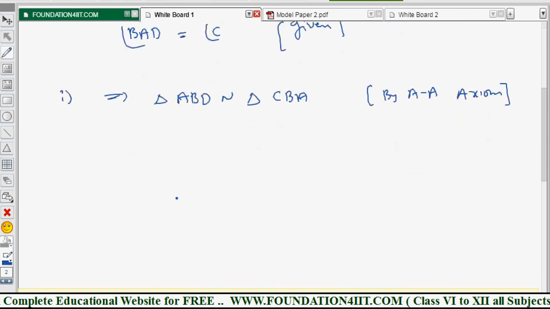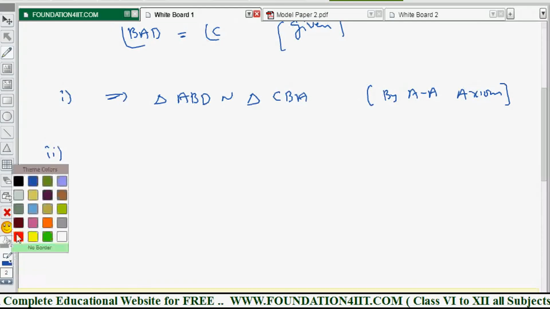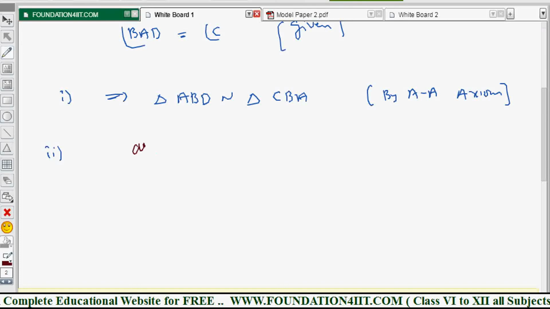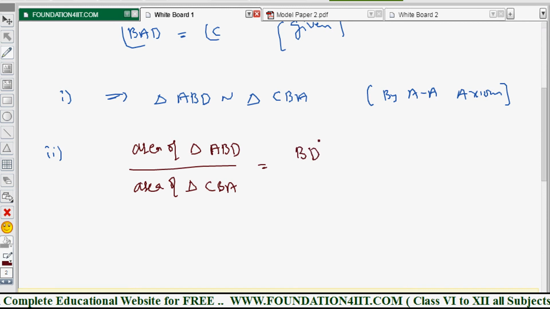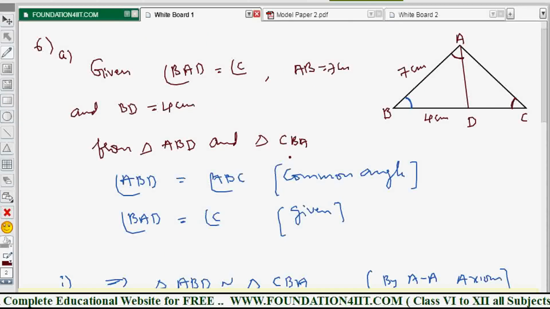To prove the second one, the area of triangle ABD by the area of triangle CBA, the ratio of the areas of two similar triangles, is equal to the squares of the corresponding sides. I take BD from ABD and AB from CBA, because those values are given.